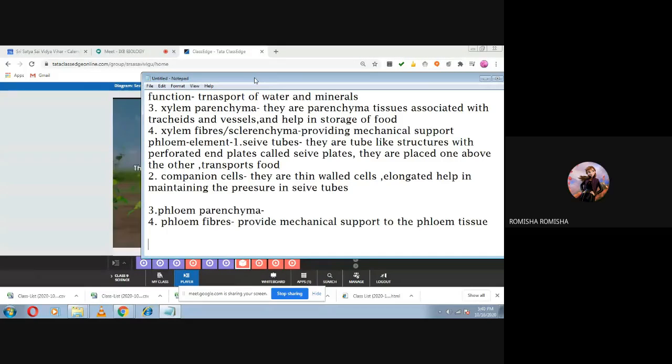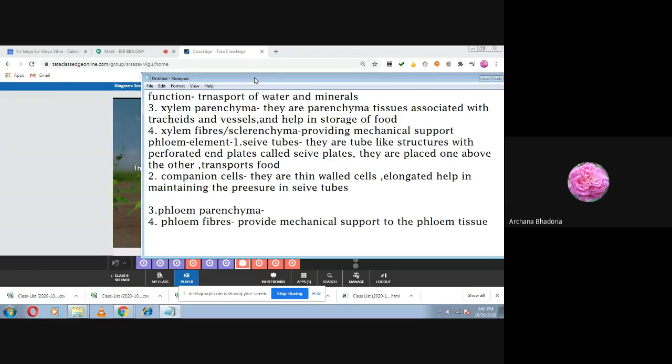And what do you mean by complex permanent tissue? Did I give that question? No, ma'am. Okay, so you can write down this question, children.